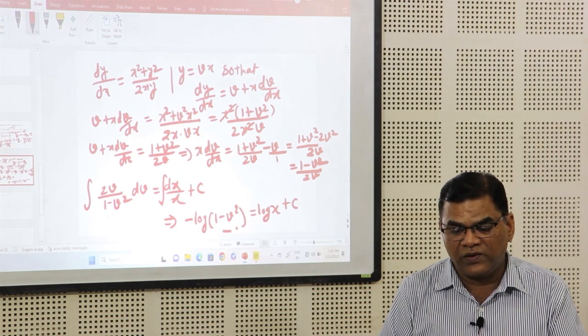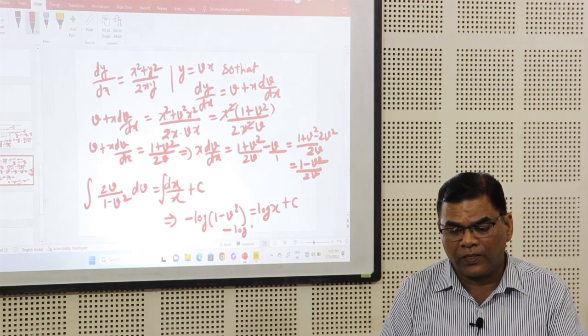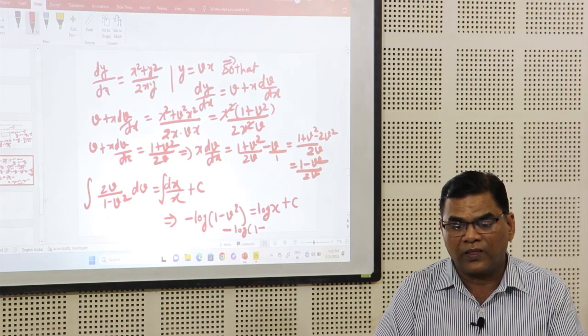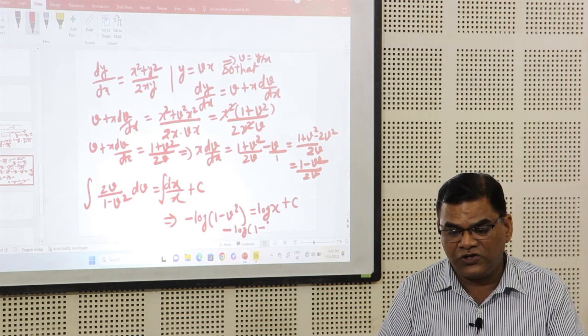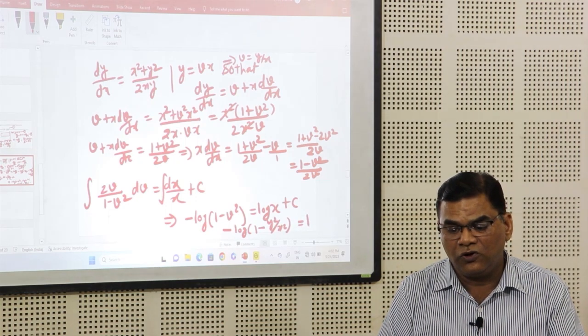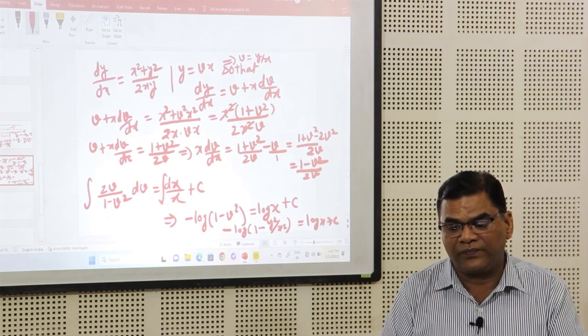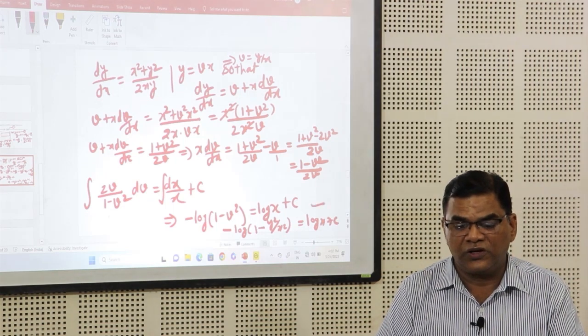Then we substitute the value of v, that is y upon x, in the final solution. So, we have the final solution in terms of y square upon x square, log of x plus c.